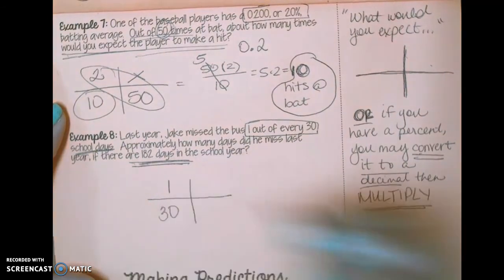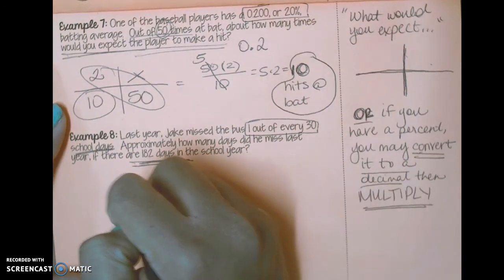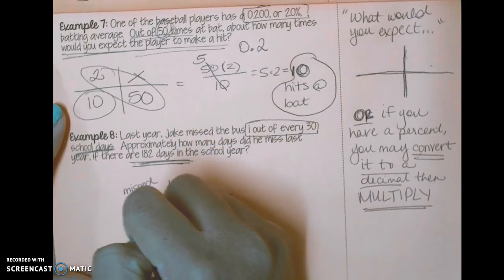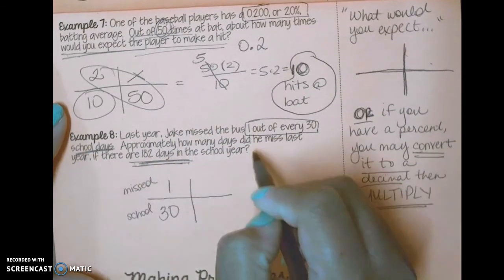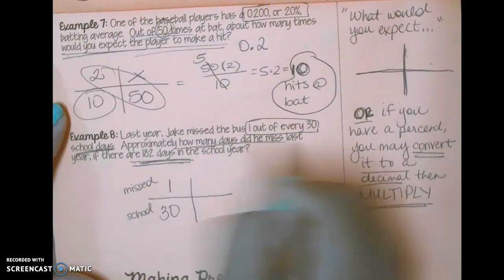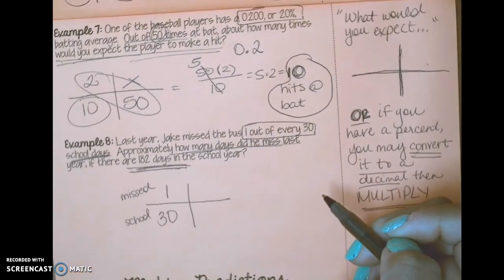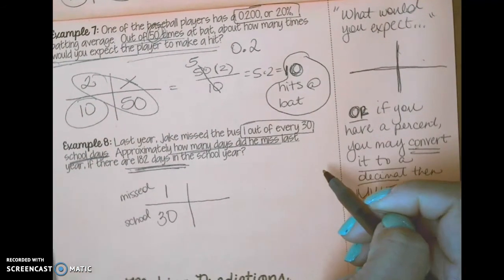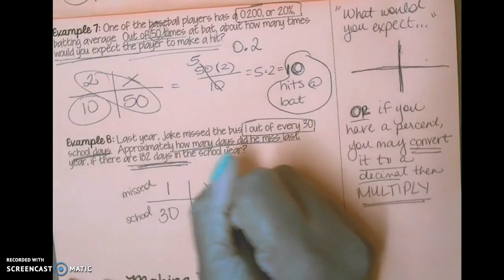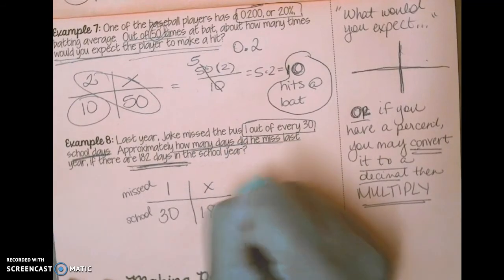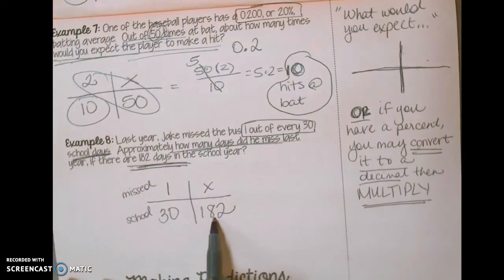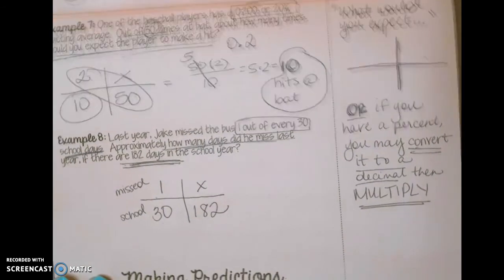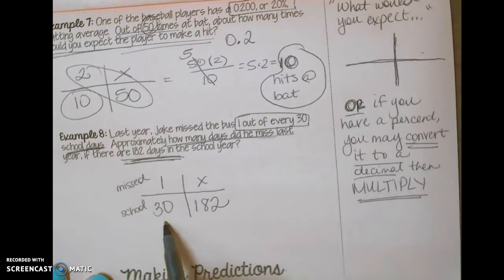These are my missed days. These are my school days. How many days did he miss? Get ready to cross multiply and divide. 182 school days, 30 days that he goes to school, 1 which he missed.